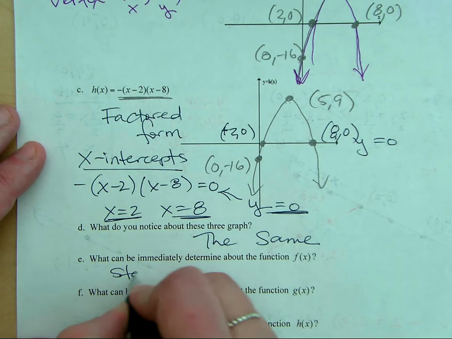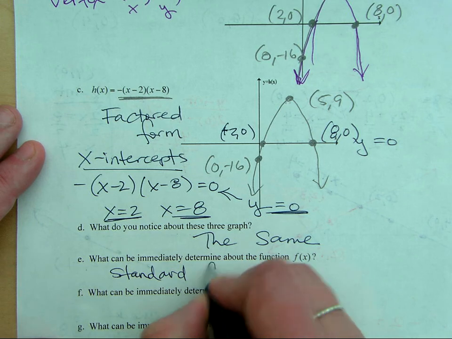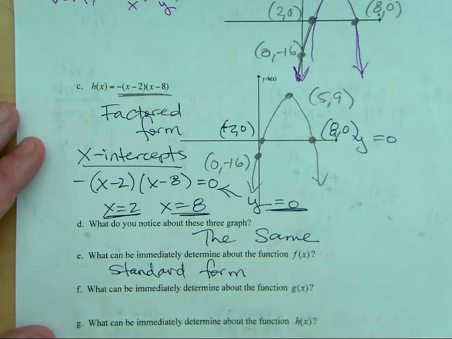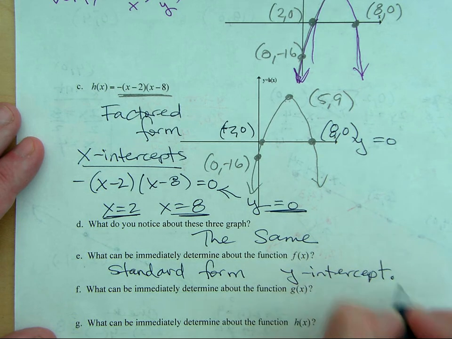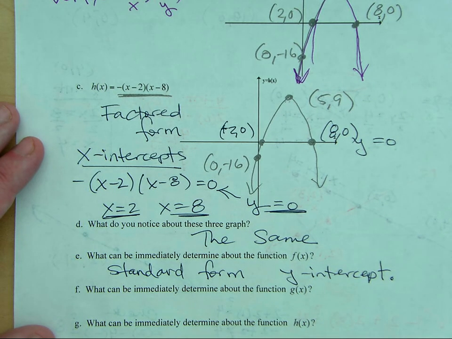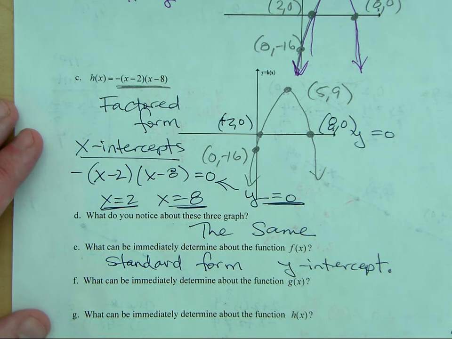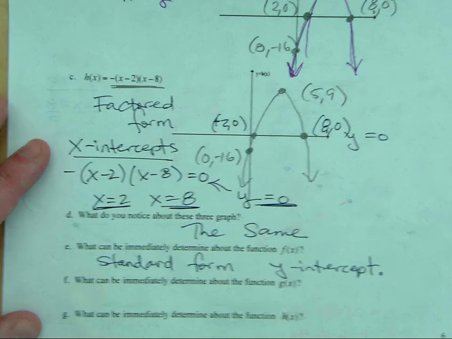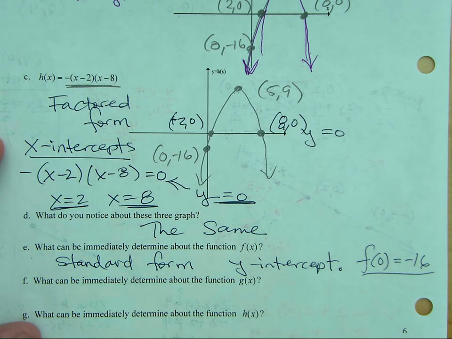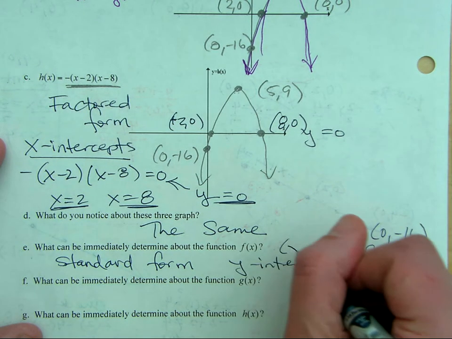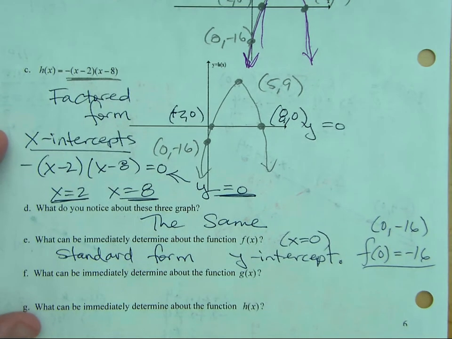So standard form is what you need to find the y-intercept. And I didn't put 2 because there's only one. So I didn't say intercepts. Notice that. Okay, there's always only one y-intercept, and we use standard form to find that out. In fact, we found f of 0 equals negative 16, and that was the y-intercept was 0, negative 16. So whenever you plug in x equals 0, you're going to find the y-intercept.